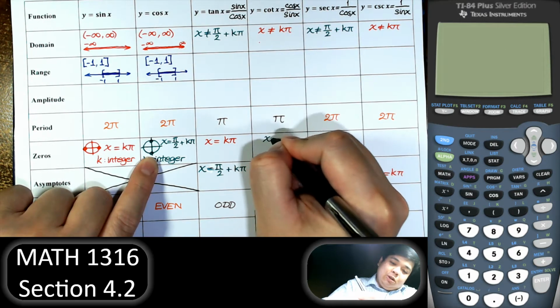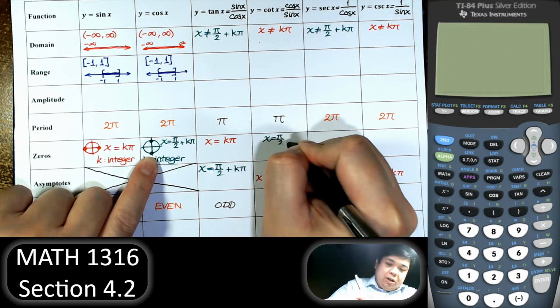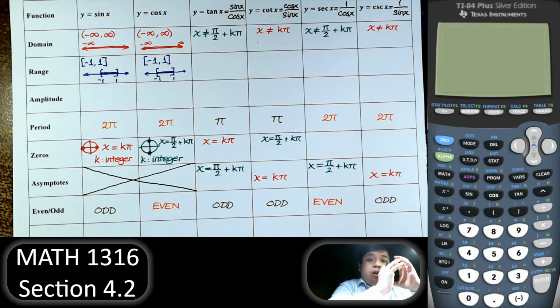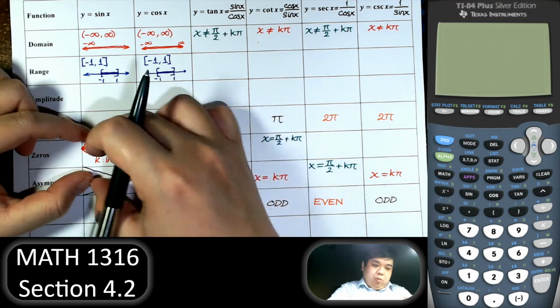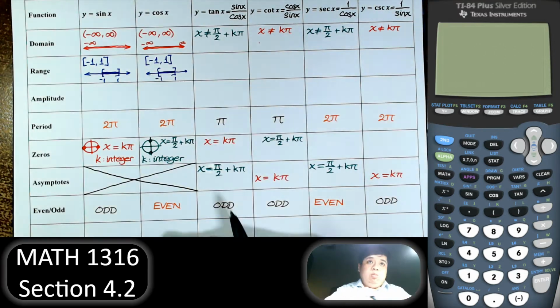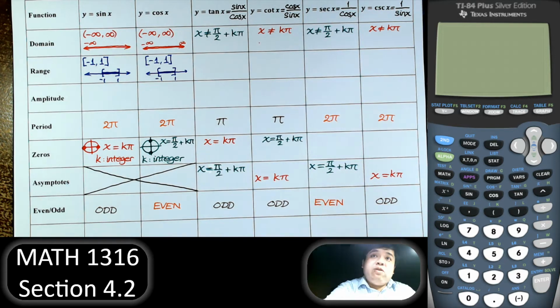So x equal to pi over 2 plus k pi. So most of the domain, the asymptotes, the zeros will depend on these two. So that's very important that we know these two. They can imply a lot of this. Right.